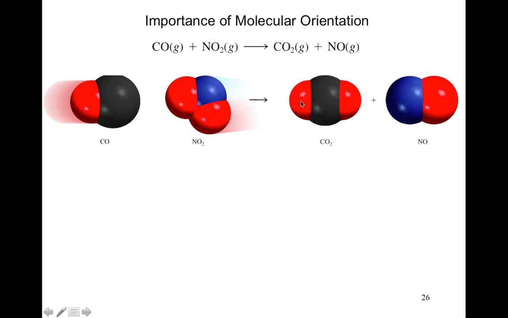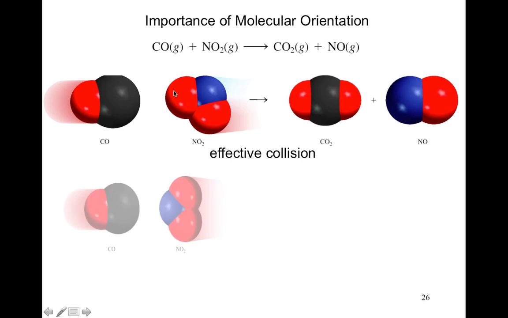If we do, we can get both those oxygens on the carbon and only have one oxygen on the nitrogen. So they have to be oriented in the correct direction. So here we're saying this is an effective collision. They happen to bounce together in the orientation they needed to hand that oxygen from nitrogen to carbon. If they had bounced the other direction, this might not have happened.